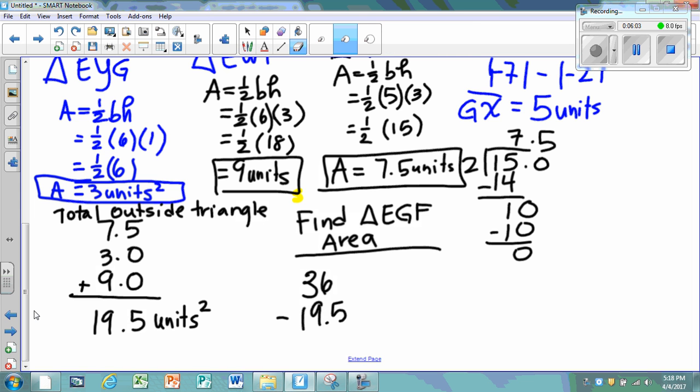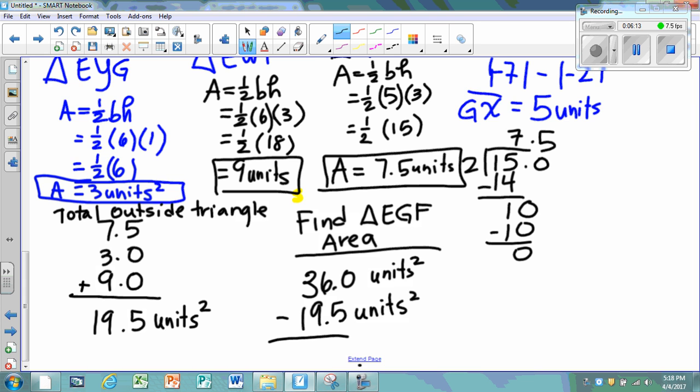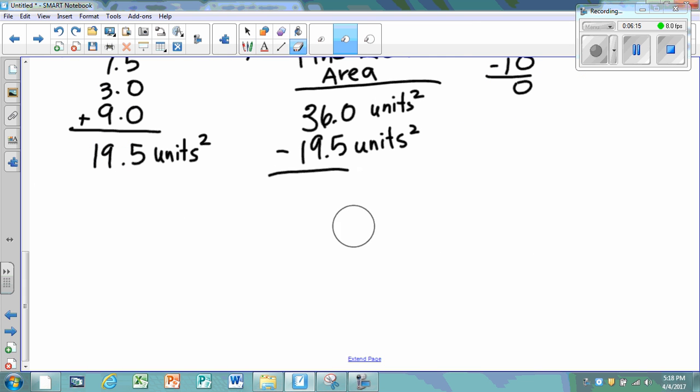And again, I'm going to rewrite it like this. And once I've done that subtraction, I'm going to know what my area is.